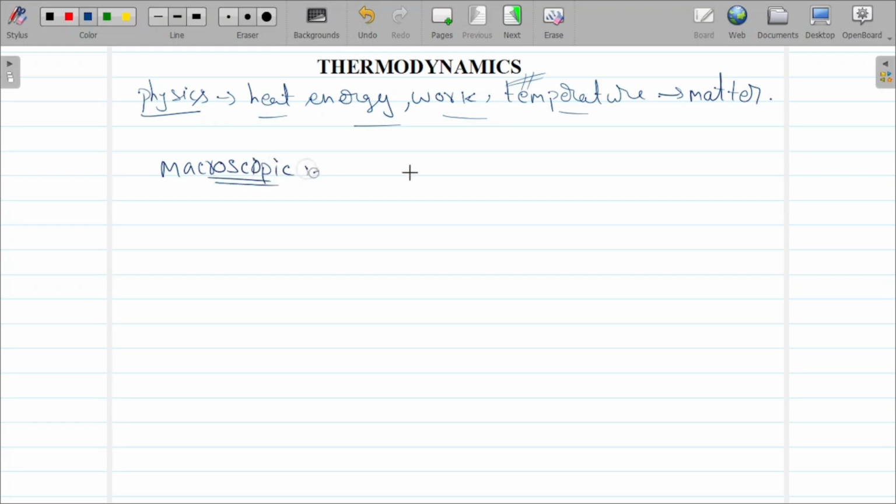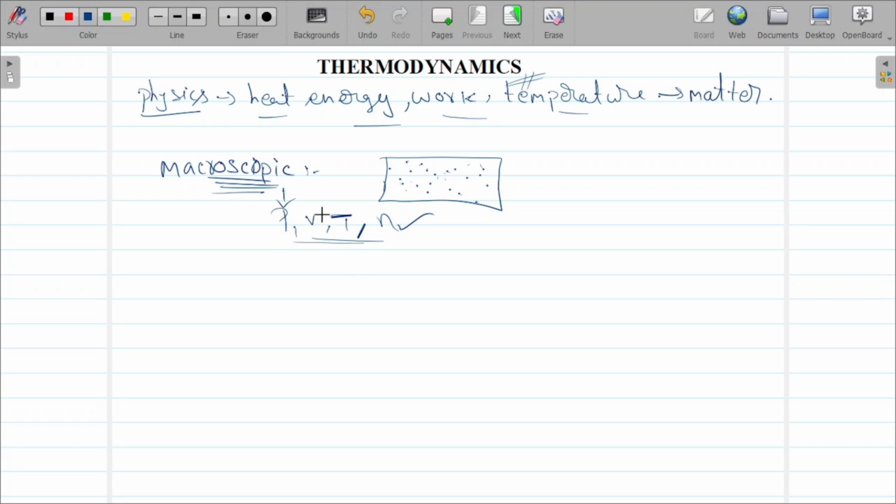What is the difference between micro and macroscopic? Small things, if you measure them, will be called micro. If you consider a big container, with all the things in the container, it will be a bigger one, so that will be called macroscopic. What are these things? Pressure, volume, temperature, entropy. These are macroscopic variables or macroscopic system.